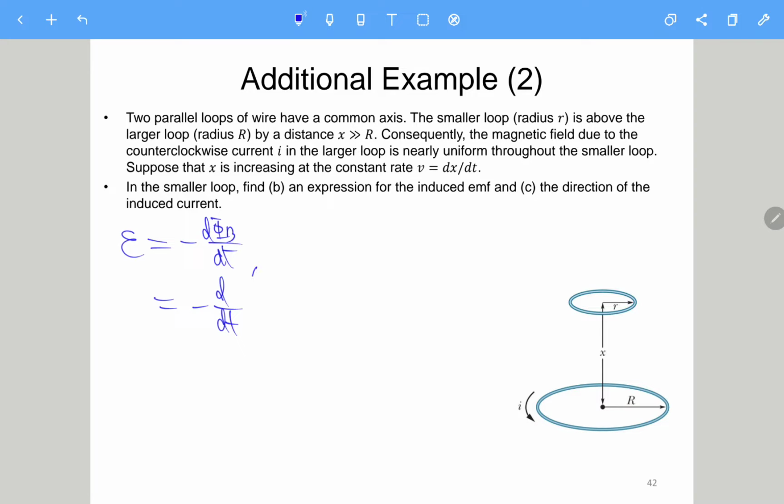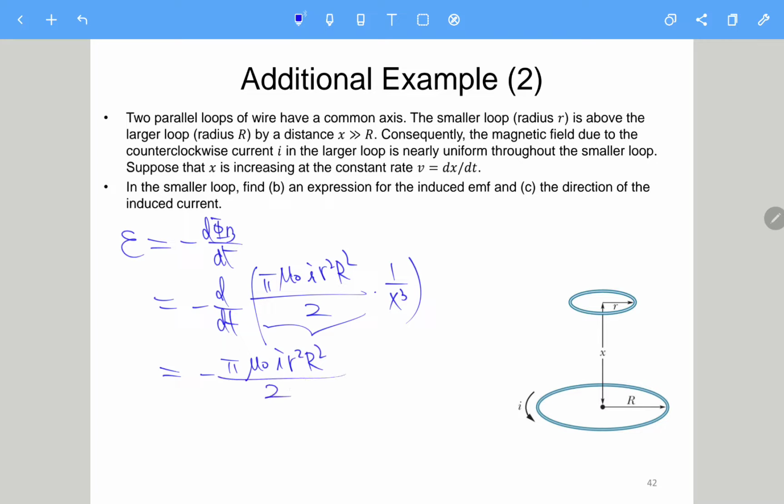Negative d dt of pi mu 0 I r squared capital R squared over 2, times 1 over x cubed. These terms are not related to t, so we can put them out. Even though this is not x, x is a function of time, so we need to take care of this derivative.